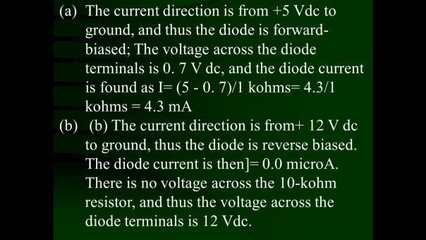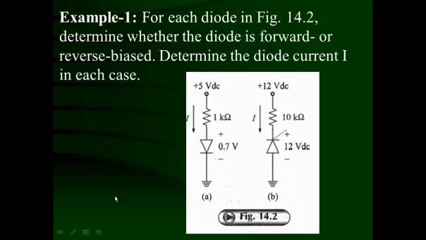So you can say that 4.3 milliampere current is flows through the diode when it is forward biased. In the reverse bias, second condition, if you see the second figure, here 12 volt DC is connected, but the positive terminal of the battery is connected to the cathode through the resistance, and the negative terminal is connected to the anode.